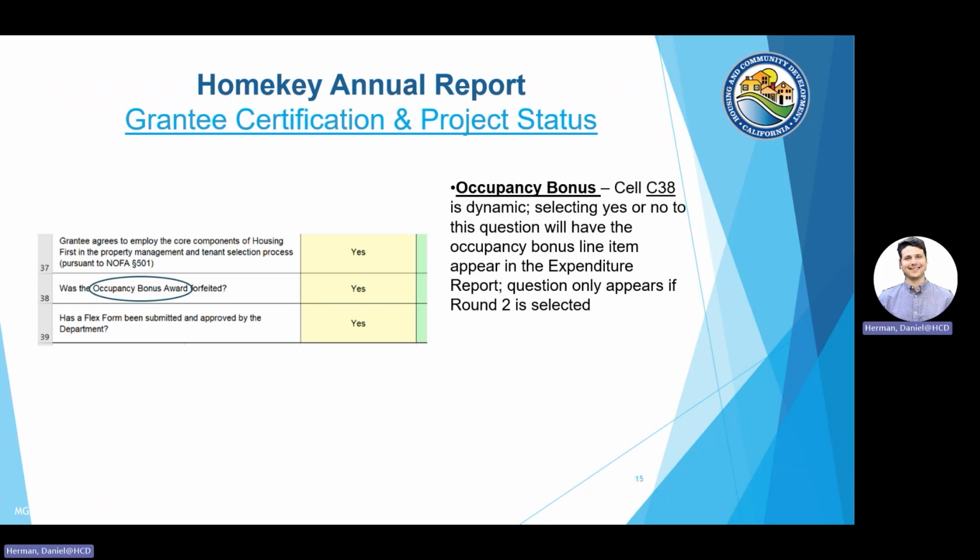If you didn't have a bonus award, you'll just select NA. If your award was not forfeited because it was dispersed because the bonus award was achieved on time, occupancy was met within that 8-month period, then you'll select no. The bonus award was not forfeited. However, if it was, select yes. Again, this question should only appear if you're a round 2 project.